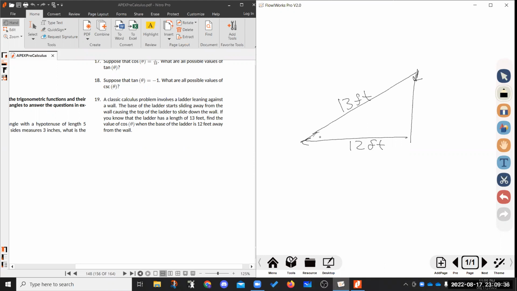So here's theta, and they want cosine of theta, which is equal to adjacent over hypotenuse, which is 12/13. If you needed this other side, which we didn't need over here, this would be 5 feet from the ground at the time, but it's 12 feet away from the base of the wall there.